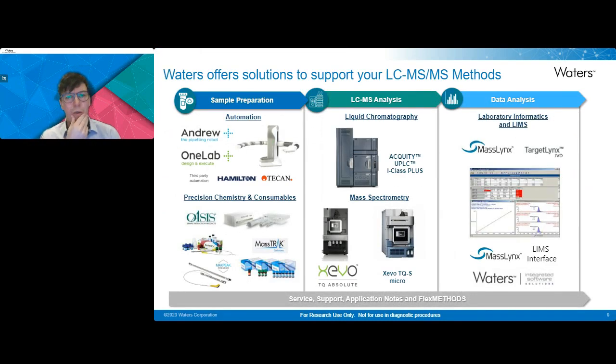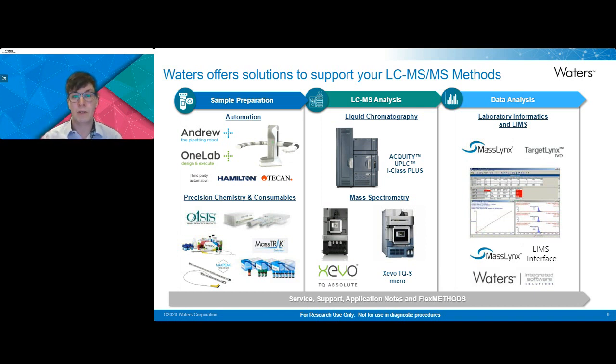So what I want to do is discuss what Waters offers as a solution to support your LC-MS/MS methods and how we have employed this to be applied in the method for thyroglobulin analysis. So we have expertise in automation with the Andrew Plus pipetting robot with OneLab, as well as other automation platforms such as Hamilton and Tecan.